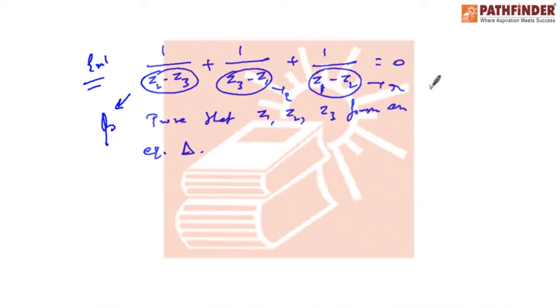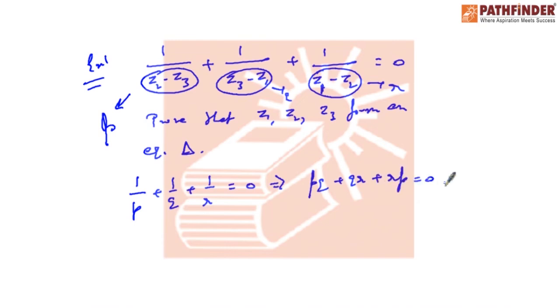Now obviously it is given that 1 by P plus 1 by Q plus 1 by R is equal to 0, which means PQ plus QR plus RP equal to 0. We can write P into Q plus R plus QR equal to 0.